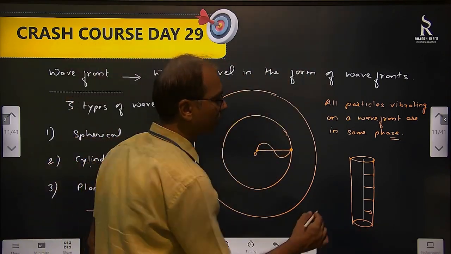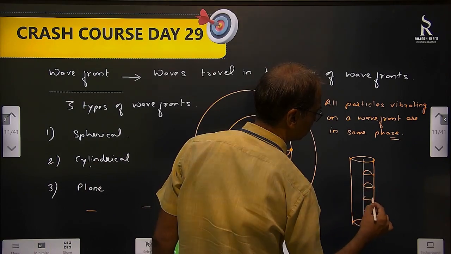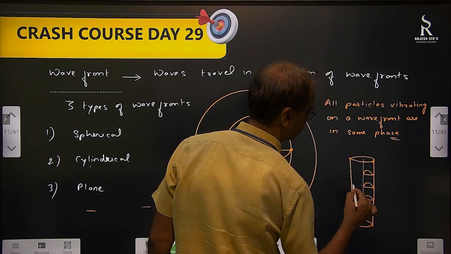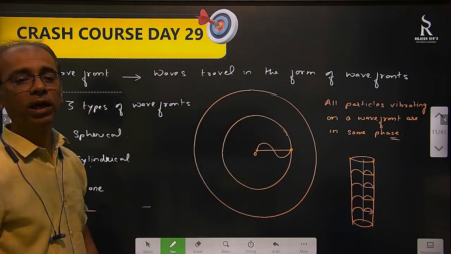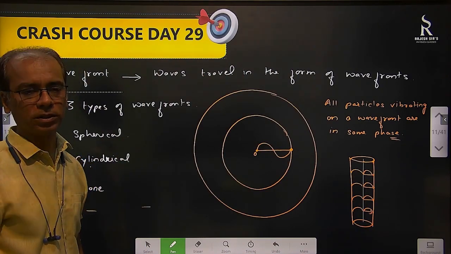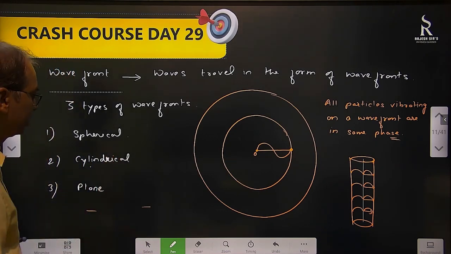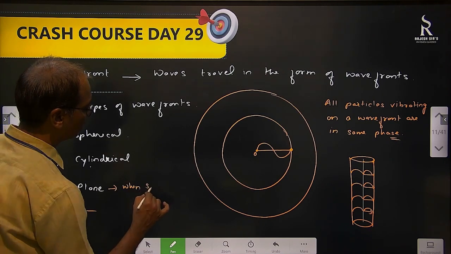Here I can make one wave, let's say half a wave on this side also. All the particles on it are in the same phase. We get a plane wavefront when the source is at infinity, very far from us. Then we consider the wavefronts to be plane wavefronts, when the source is at infinity.